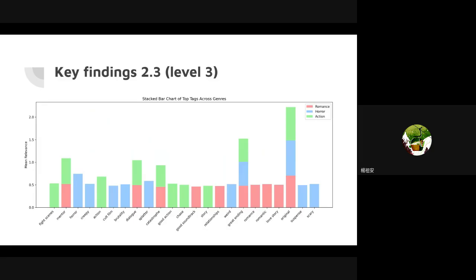And the other thing is that from the stacked bar we can see romance and action have more relation than horror, because from the mentor, dialogue, and catastrophe tags, we can see that they both share the same tags. So I'd say that they have more of a relationship than the horror movie.